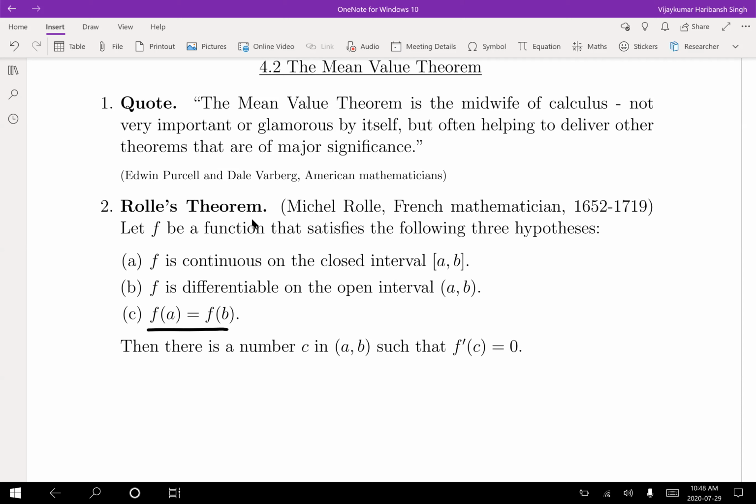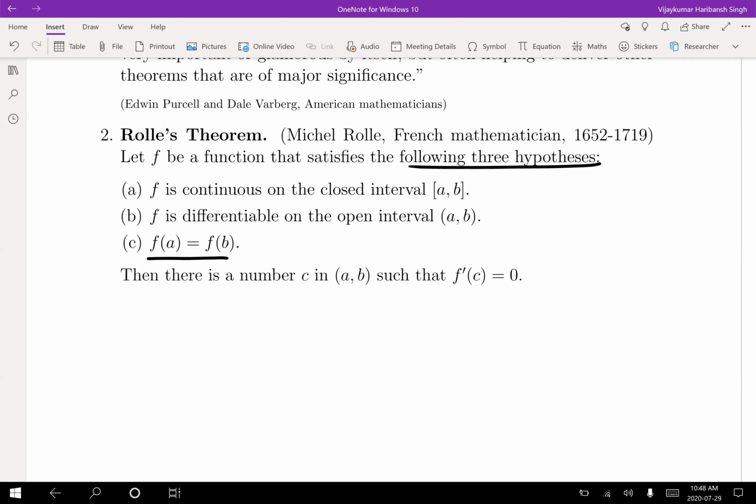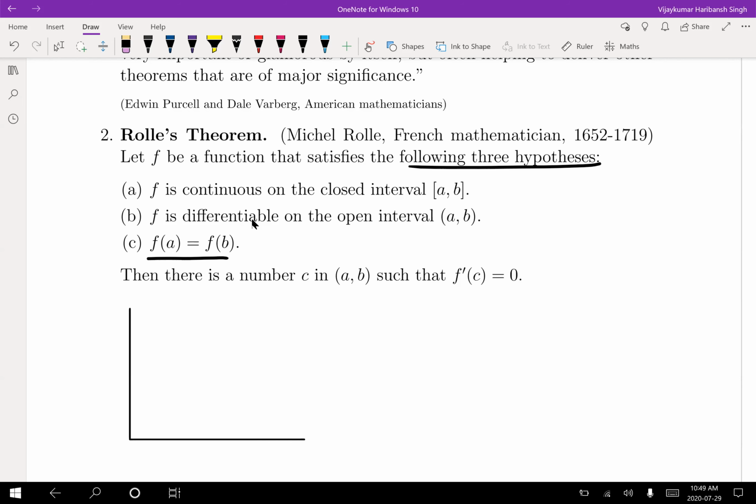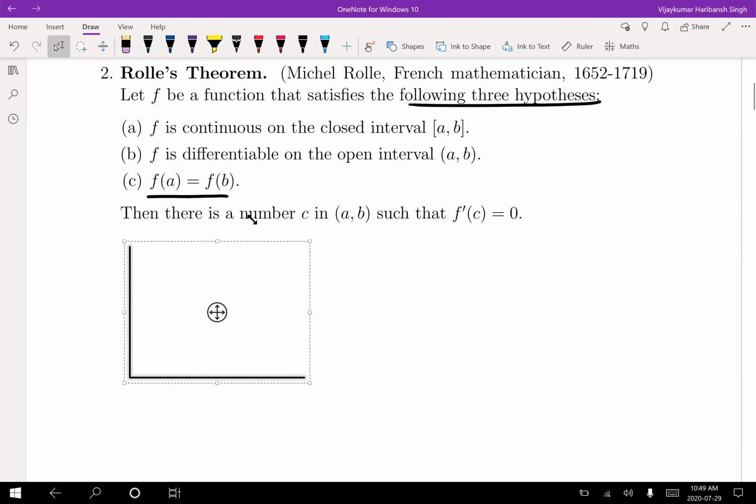So suppose you have a function which satisfies the following three things. Let me draw a function like that. How will a function like that look? What are the properties your function has? First of all, it is continuous on the closed interval [a, b], differentiable on the open interval, and f(a) equals f(b).